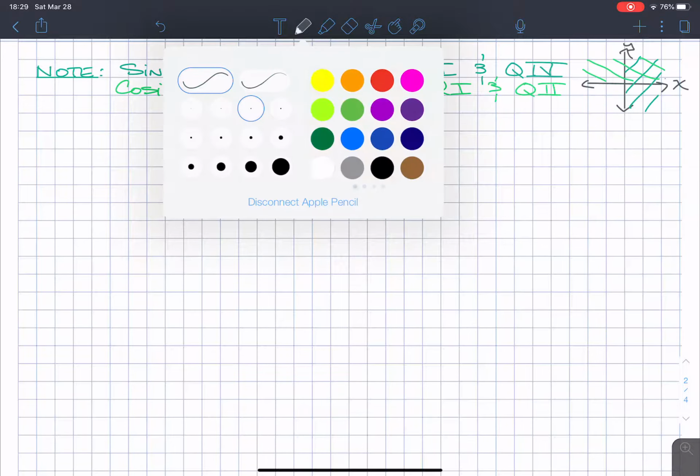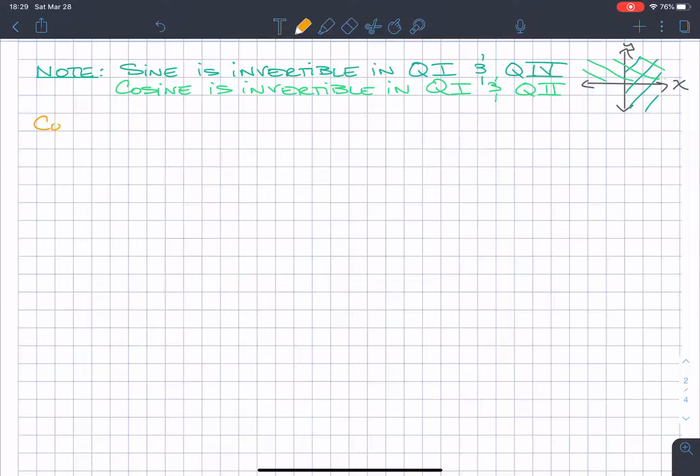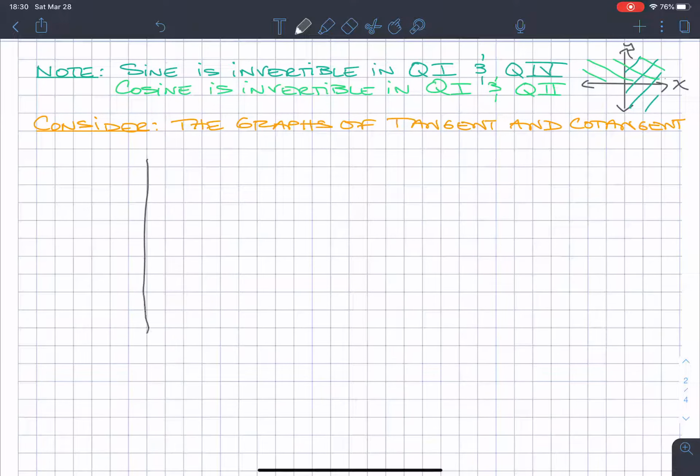Okay, so let's consider the graphs of tangent and cotangent. Okay, so x and y coordinate axes. In this case, I'm just going to use x as my argument.